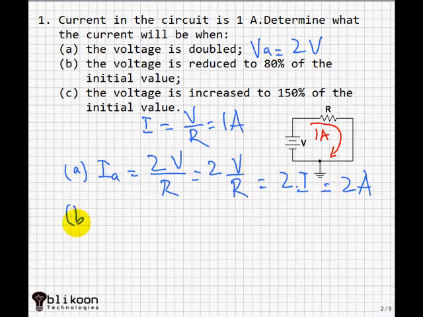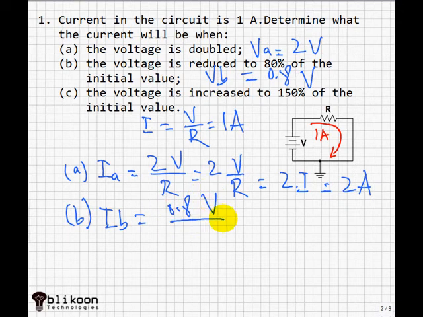B. The voltage is reduced to 80% of the initial value. So VB equals 0.8 V. IB, current for situation B, equals 0.8 V divided by R, the voltage in B, which equals 0.8 multiplied by I equals 1 amp.